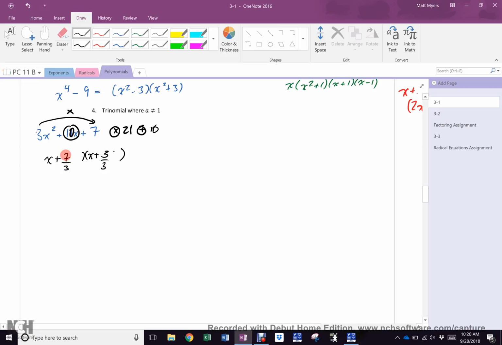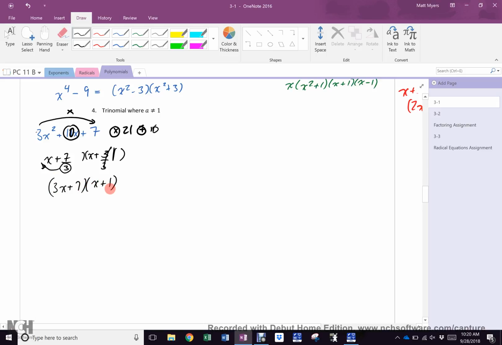Does that simplify? No. Does that simplify? Yes. That becomes 1. Once you have simplified, all the denominators move to the front. 3x plus 7 and x plus 1.